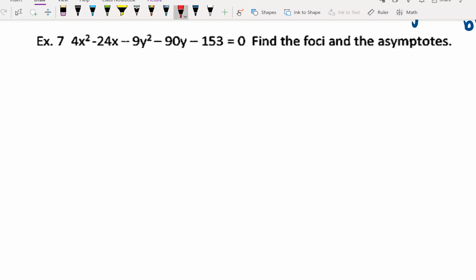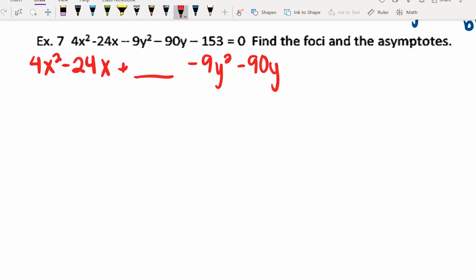So I'm going to group this as 4x squared minus 24x plus blank, minus 9y squared minus 90y, plus blank equals, and I'm adding 153 to the other side so that's not in the way. All right, now I need to factor out the leading coefficient.